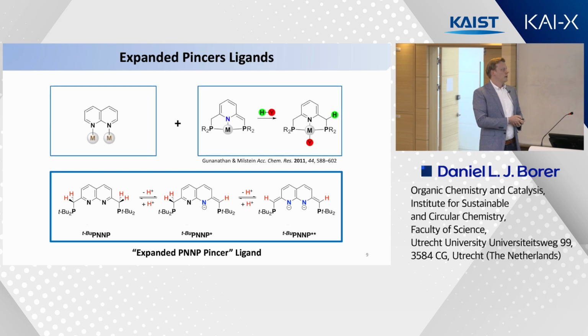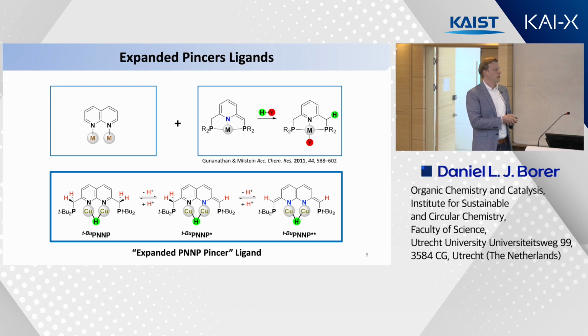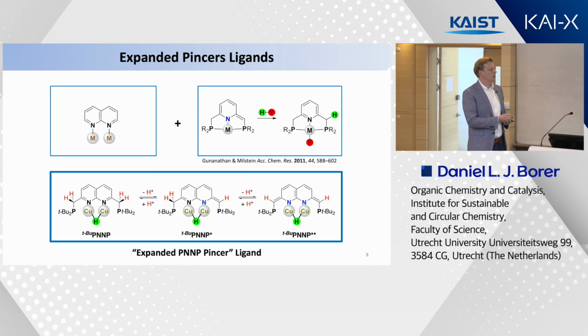And they are designed to have this 1,8-naphthyridine fragment, but also these P, C, or methylene linkers adjacent to the heterocycle, which are well studied for metal-ligand cooperative bond activation, as you can see here with these P and P mononuclear fragments.